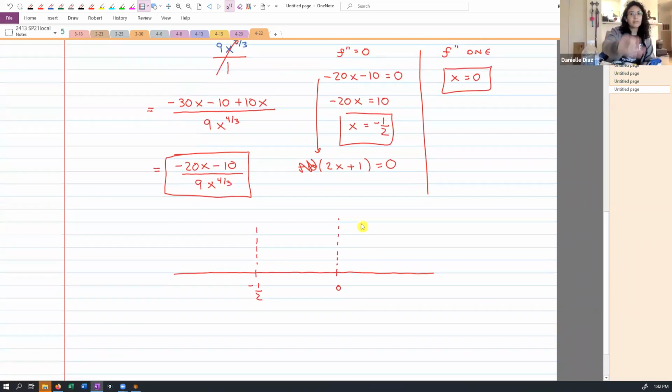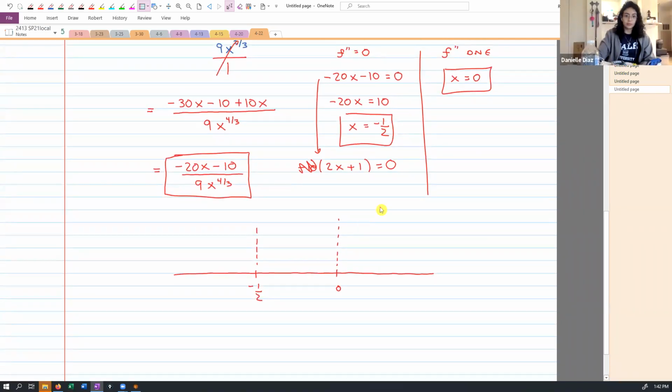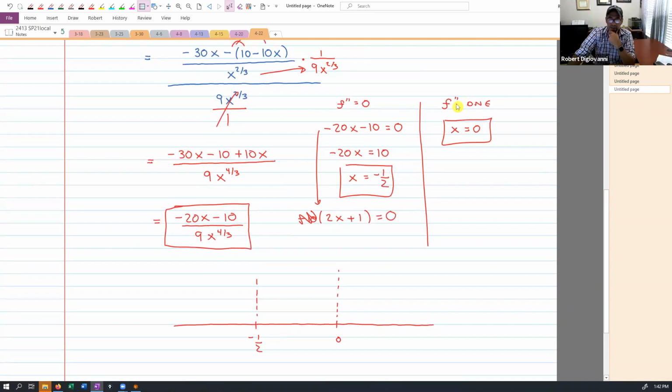Why is this 0 though? Because the second derivative, which is this, right? If I try and plug 0 in right here, I'm going to get division by 0. And division by 0 would make the second derivative not exist because you can't divide by 0. So how did you figure out 0 is the only one, not the others?